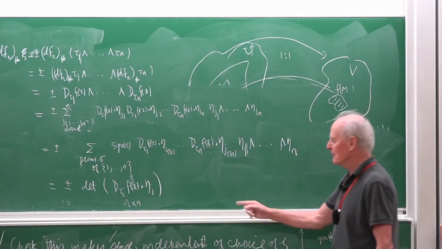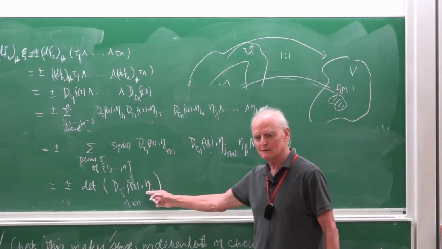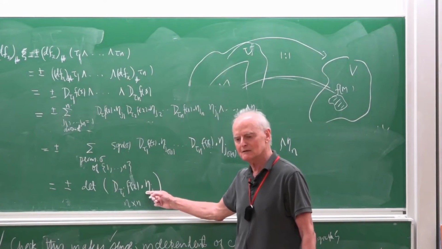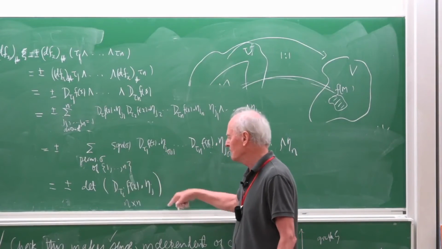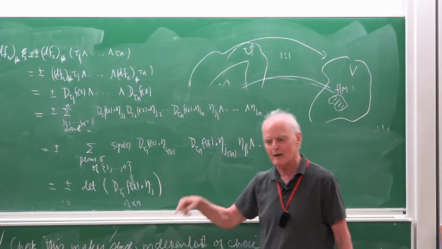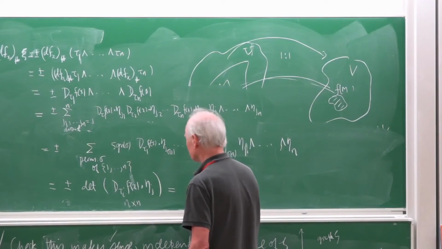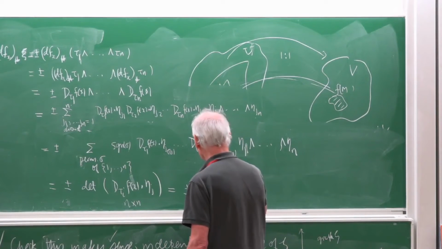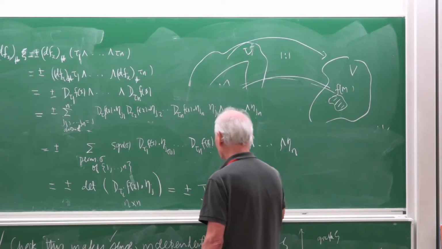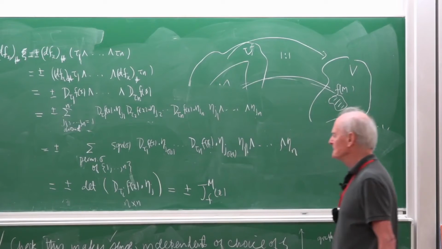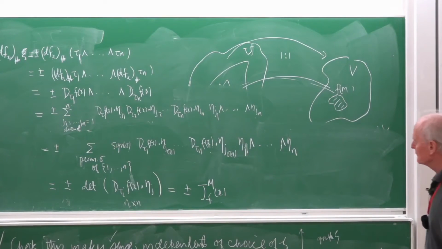We reckon you remember what this actually is in terms of our previous notation. This is exactly, if you put an absolute value around it, what we call Jm, the Jacobian function. So this is plus or minus Jmf at x. It's the thing that appears in the area formula.